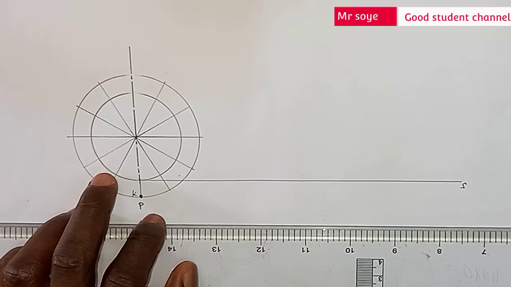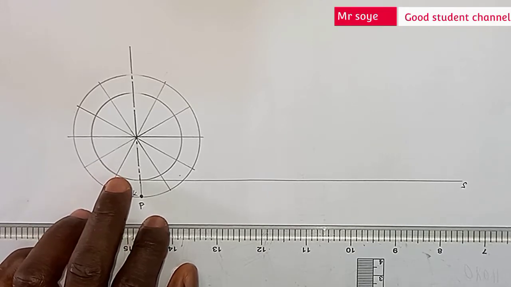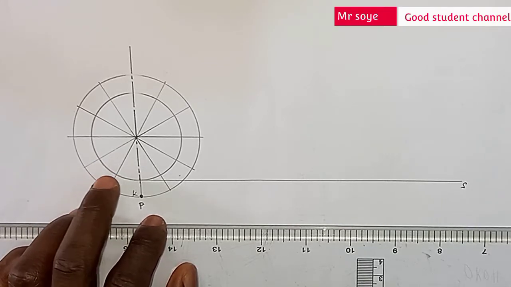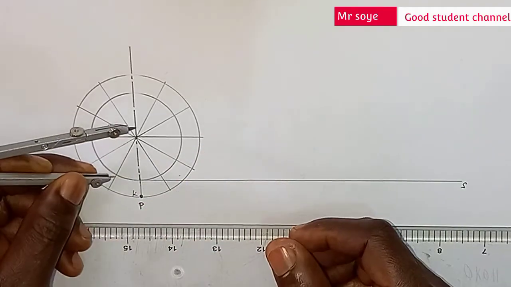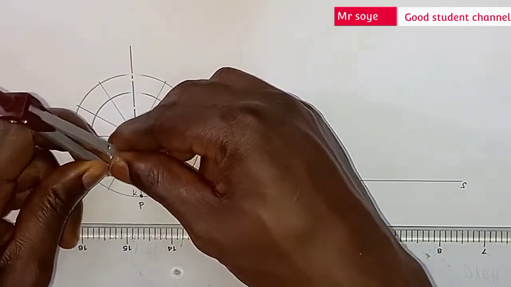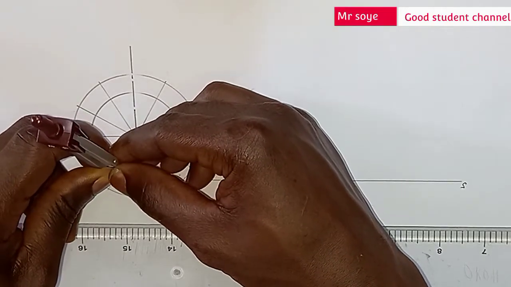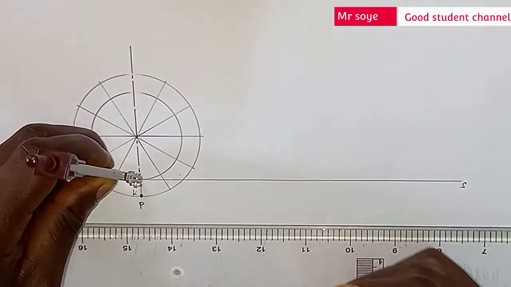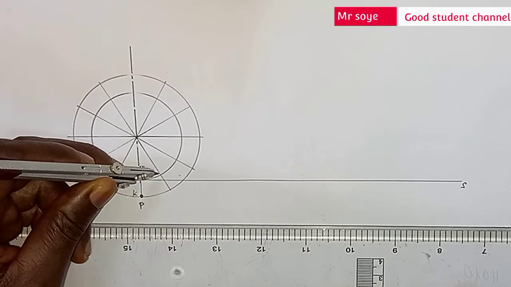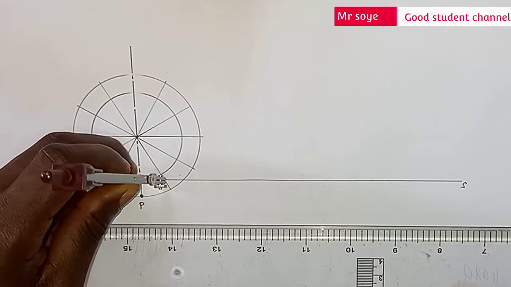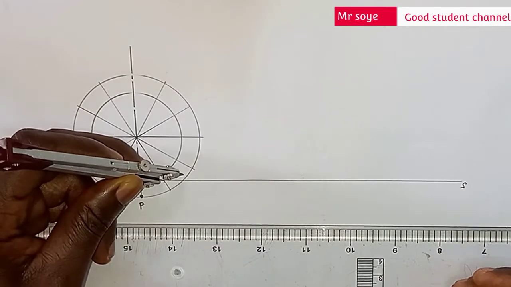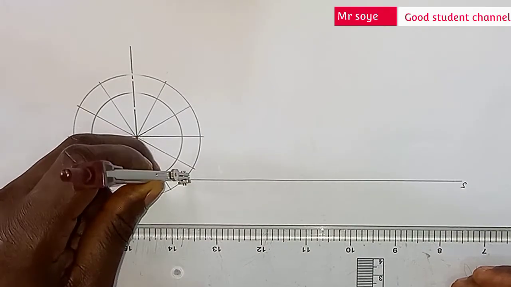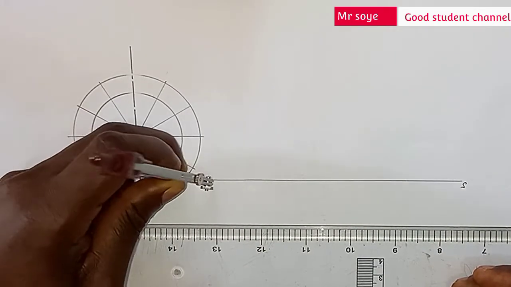The circumference is equal to 12 times the dimension from one point to the other. Let's take the dimension of this point to this point and use it to cut the baseline 12 times, which equals the circumference of the circle.